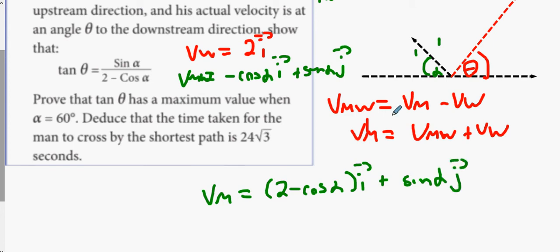Now, if we colour code this blue part here, that's equivalent to your i value, you get drifted downstream.